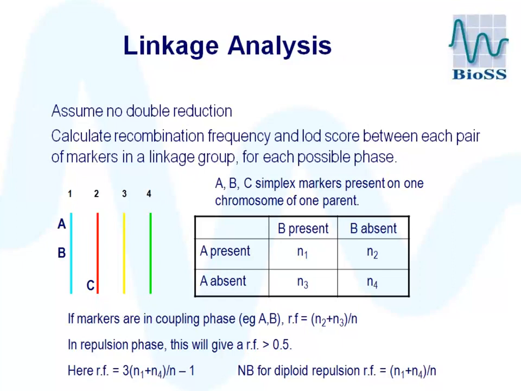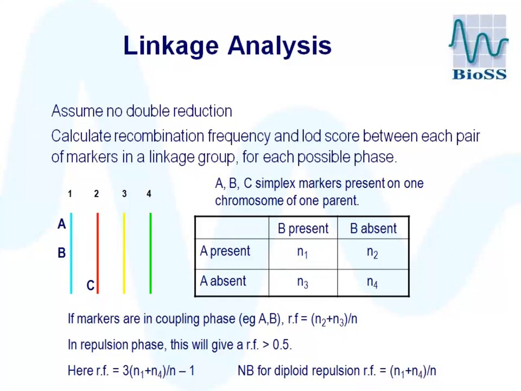So if we wanted to calculate a recombination frequency between A and B, then just as in a diploid, we would look at a table of A present, absent, and the recombination frequency is estimated as the total in the off-diagonal classes N2 plus N3 over the total number of genotypes scored N.